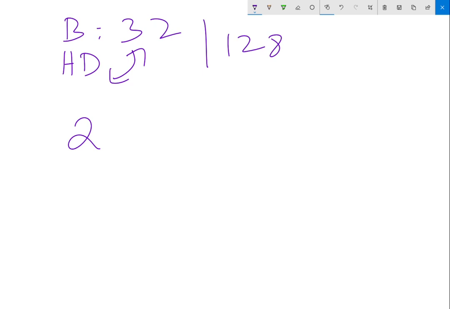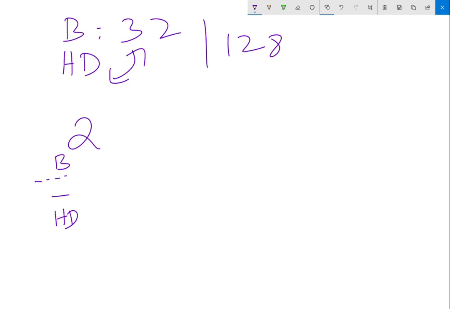Okay, so I'm going to use the same part. Here I am going to use one hexadecimal digit. That means in binary I am going to use how many? 1, 2, 3, 4. Do you get me?